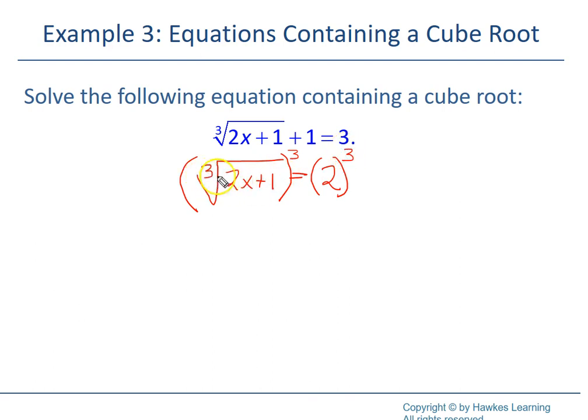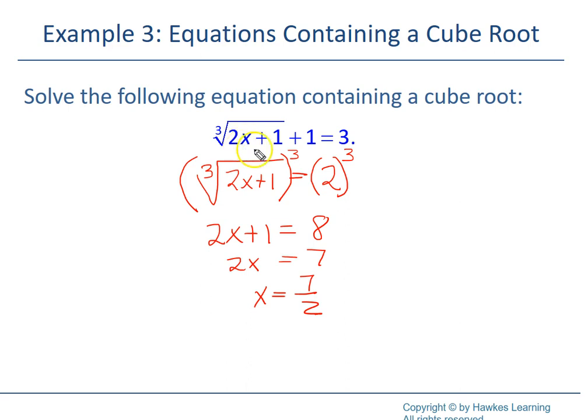So here, this to the third power just gives you 2x plus 1 equals 8. We transpose the positive 1 to the other side, becomes a negative 1. So we have 2x equals 7. And then x is going to be 7/2.